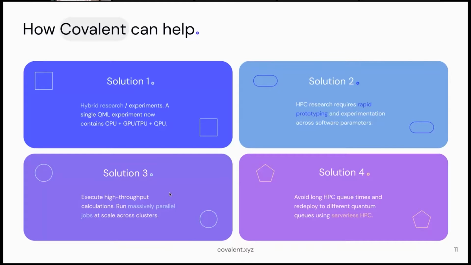In the third example, you might be interested in high throughput calculations. So once you do understand exactly how you want to run your model, and you have the exact idea of that one plot that's going to really distill your conclusion in a paper, you're going to need to run something at scale. And this means running massively parallel jobs.